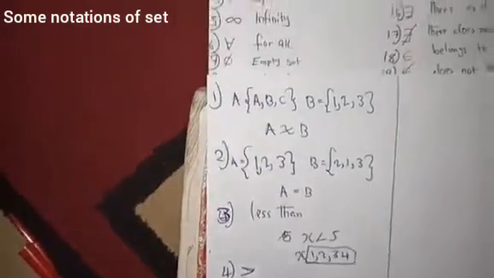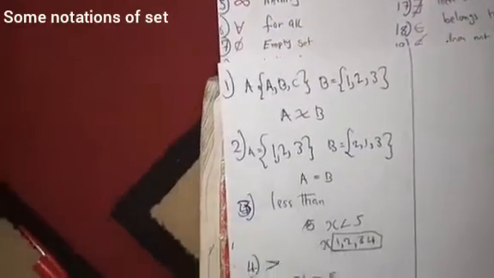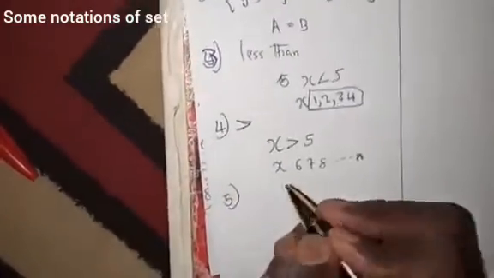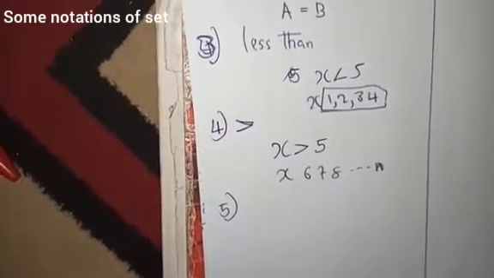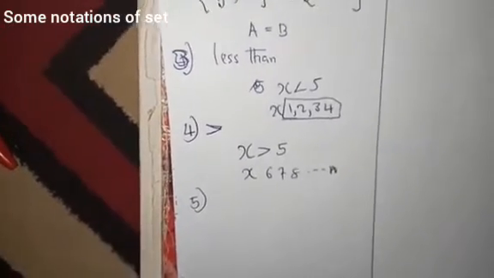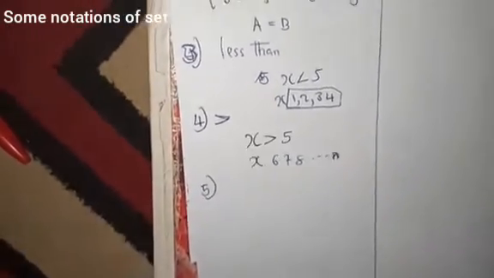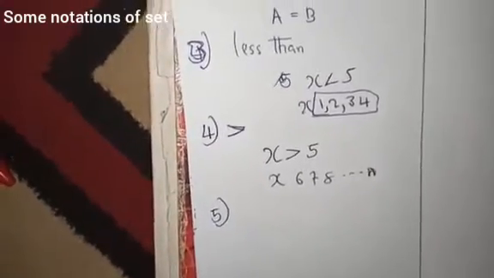Now we are moving to the next notation, that is infinity. Everyone knows infinity. If you say infinity, we are simply referring to uncountable numbers. For example, we can refer to infinity as the number of stars in the sky, or the number of grains of rice in a bag of rice, and so on. If you say uncountable, we are simply referring to infinity.